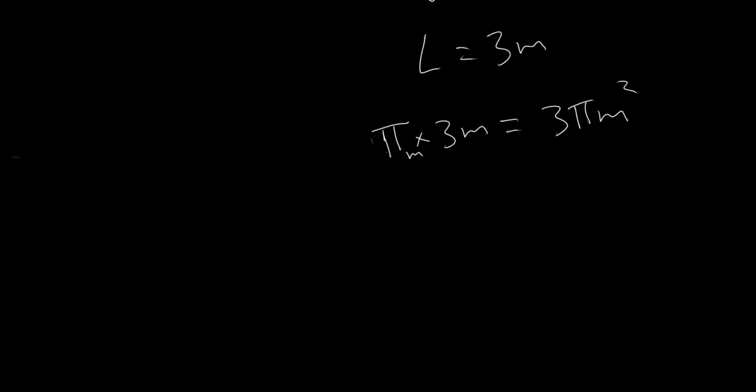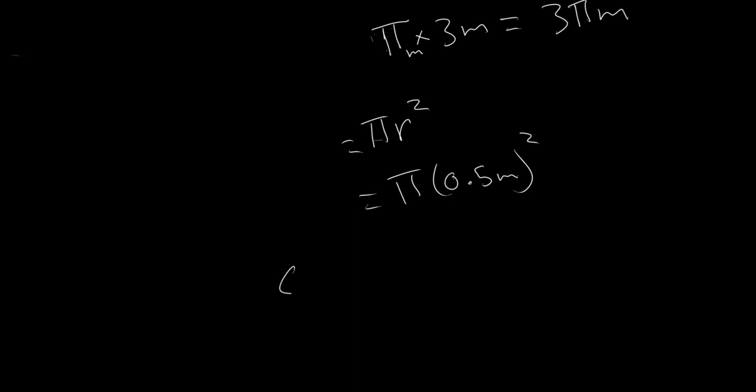And then we need to deal with the two end caps. The area of one of those end caps is going to be pi r squared, which is pi times the radius, which was 0.5 meters, squared.